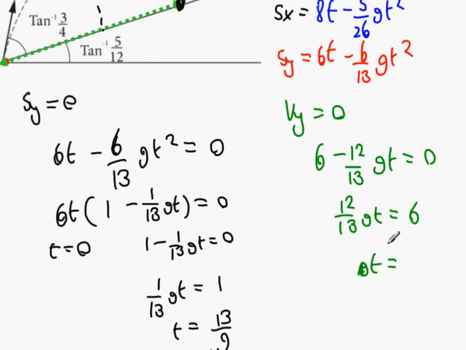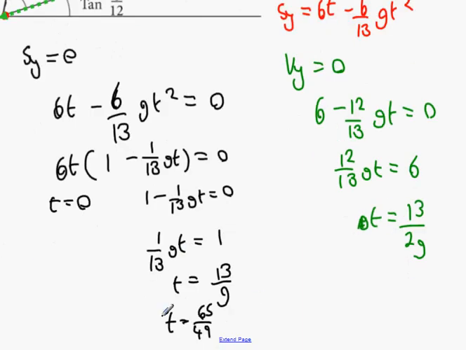It's going to be 13 over 2g. Does that still work? It's basically half of what the Sy equals 0 time is. So basically you still have your choice. You can find Sy equals 0, find t, or you could have done phi y equals 0, find t, and double your answer, and you get 13 over g, which is the same thing we have here. So both options are still available, whichever one you find easier.